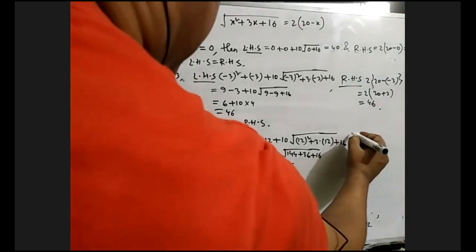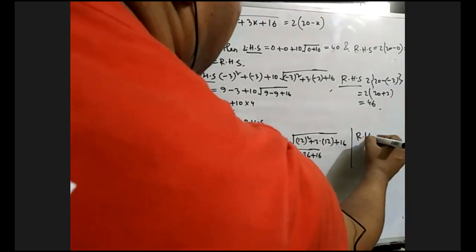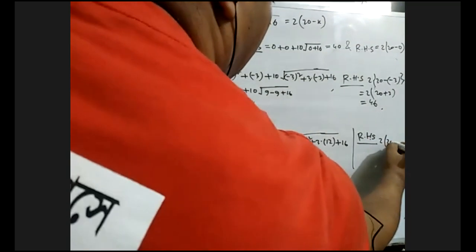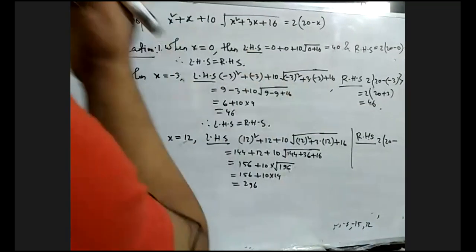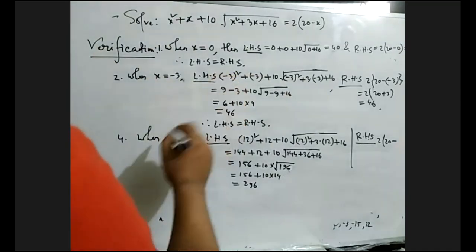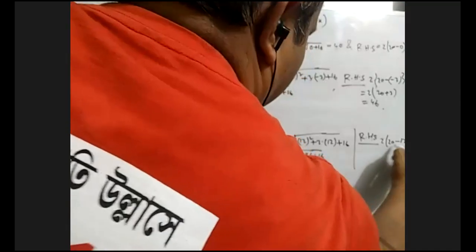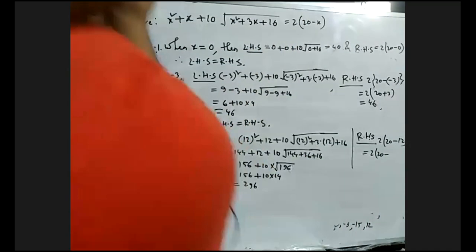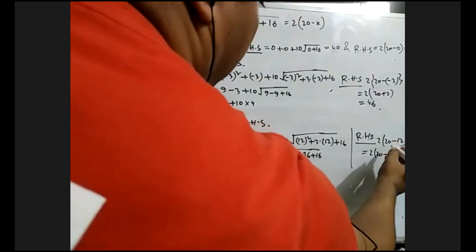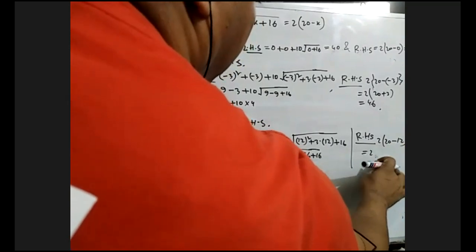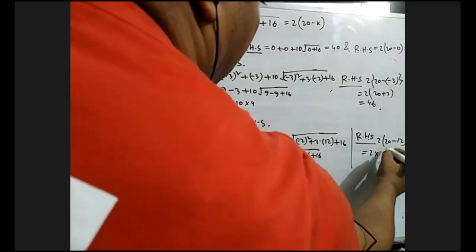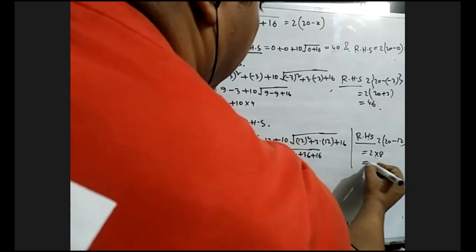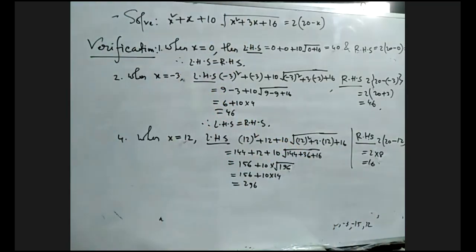Now the right hand side for this part. Right hand side: 2 into 20 minus x, where x equals 12. So 2 into 20 minus 12, what actually? 8, multiplied by 2, that means only 16.